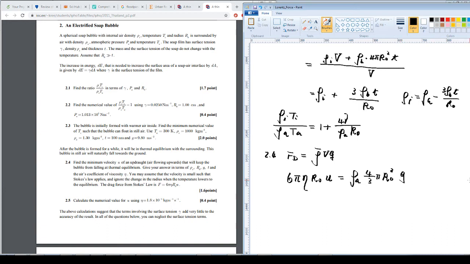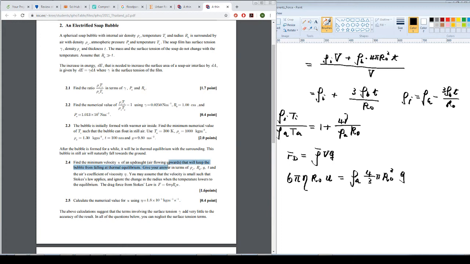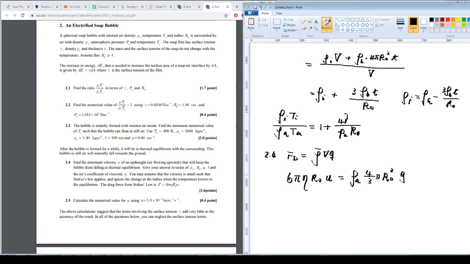Okay. Although I think it doesn't want the rho A; it wants the case where rho bar is less than rho A. So we should still use rho bar then.